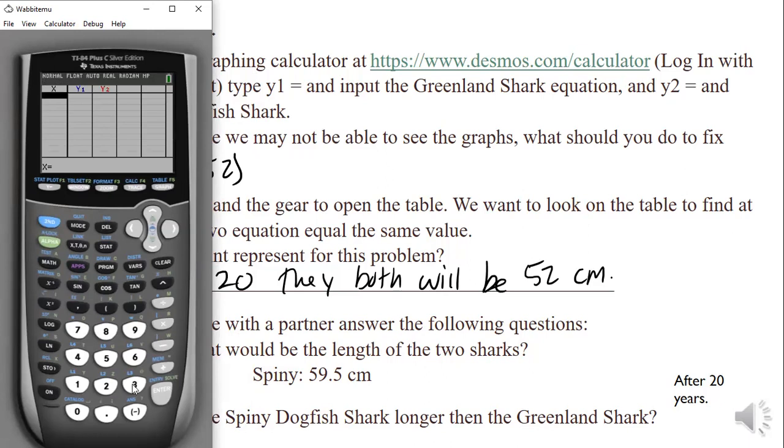And it's all right. I want to know how big they'll be in 25 years. I want to know how big they'll be in 100 years. I want to know how big they'll be in 1,000 years, okay? It allows you to put in whatever values you want and analyze it from there. Create your own version of the table you want, okay? This is also good when you have fractions and or decimals.